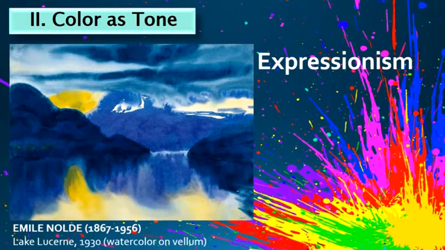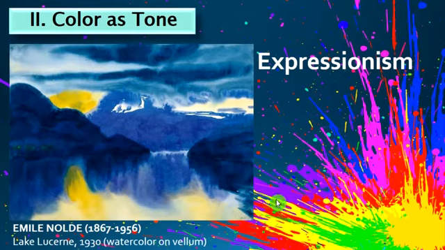First, Nolde soaked his paper, in this case vellum, with water. He then built up the shape of the mountains with washes in different tones of blue, more intense in the foreground, becoming paler in the background. This creates an impression of aerial perspective, as the tone of the colors appears to fade into the distant landscape.